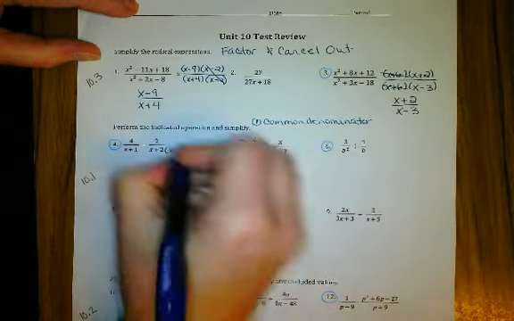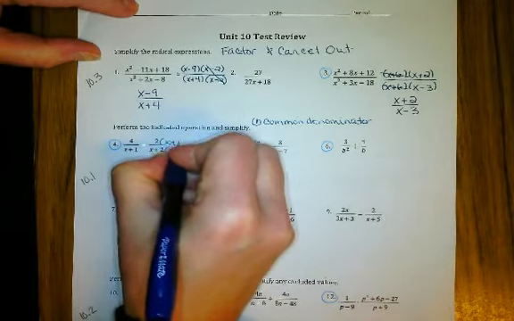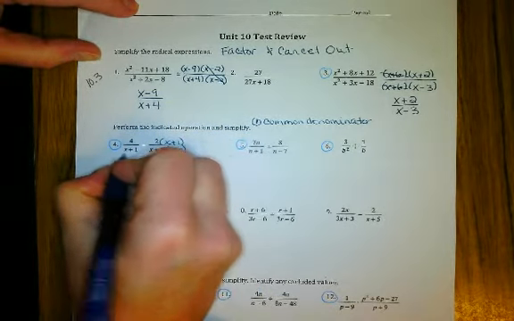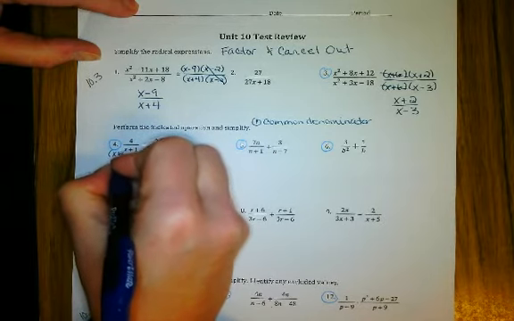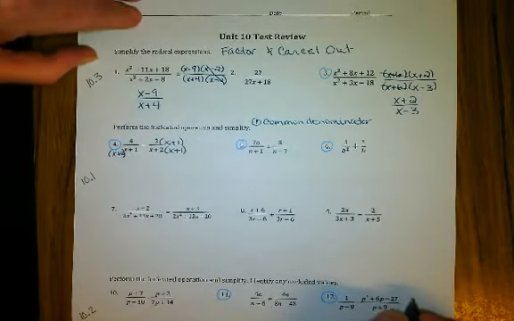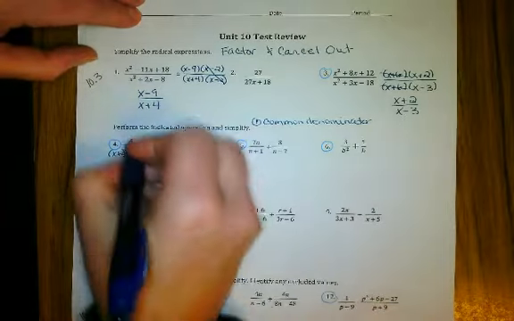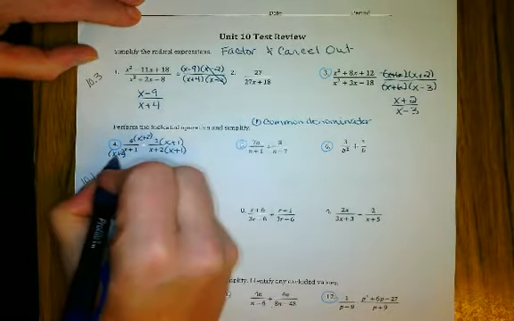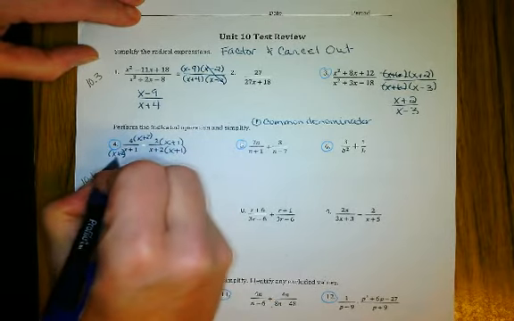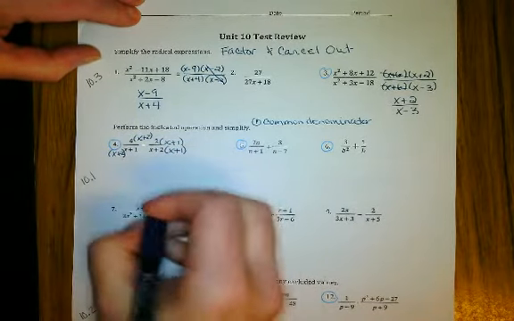And whatever I do to the bottom, I do to the top. So x plus 1. And then this needs an x plus 2, so I'm also going to multiply this by x plus 2. And again, whatever I do to the bottom, I do to the top. So x plus 2. Alright, so now that's going to be my common denominator. It's going to be this x plus 2, x plus 1.